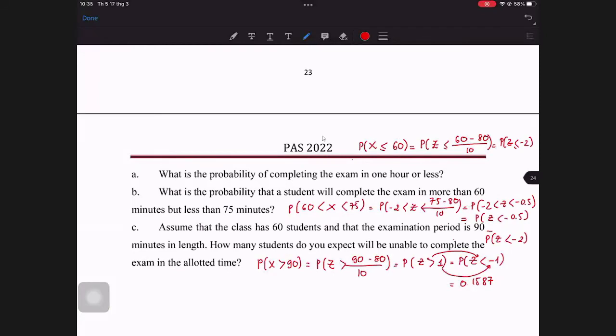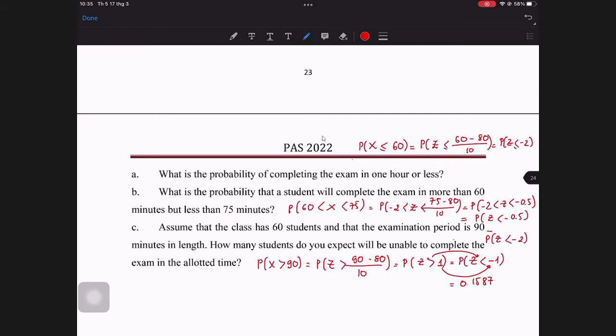Okay. So once you find the probability here, the question is, how many students do you expect? The number of students in this class is 60, and 15% of the students will be unable to complete the exam.